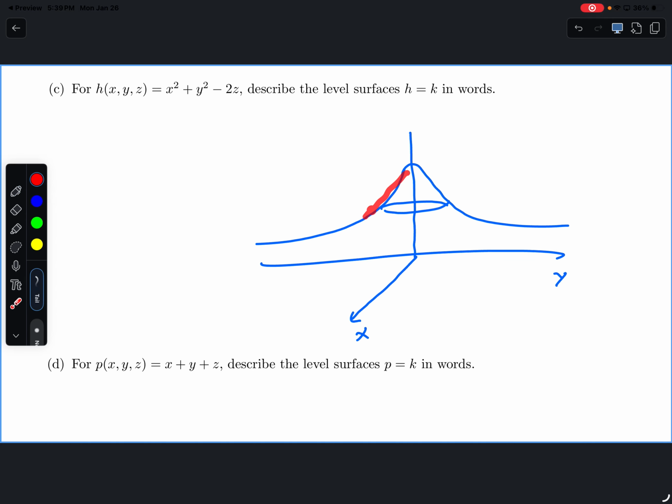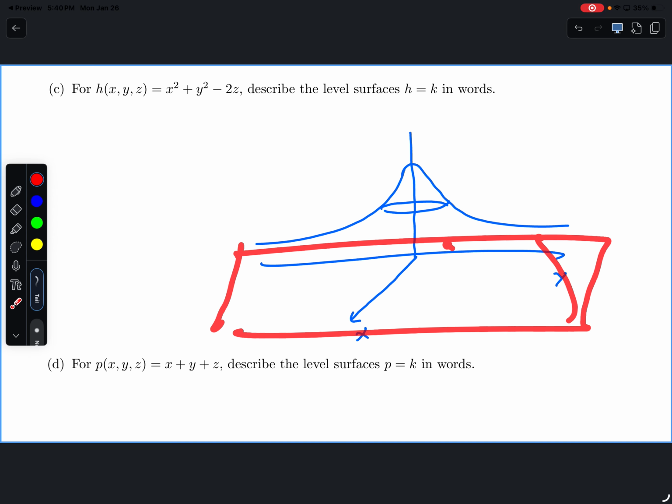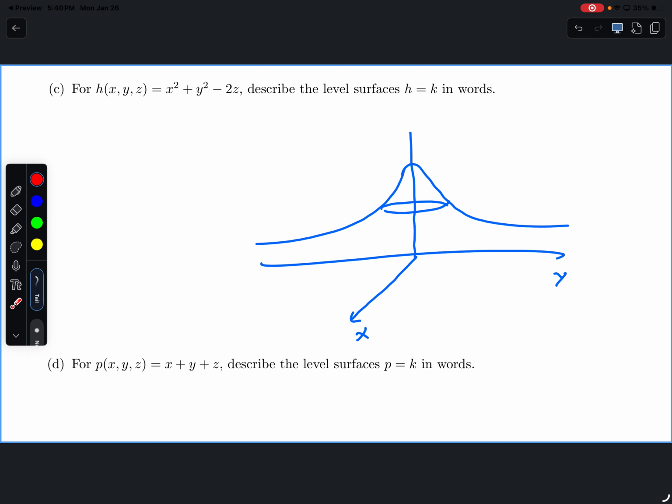This surface goes down and approaches the xy plane but never touches it. So you cannot intersect this with the xy plane, because there will be no intersections.